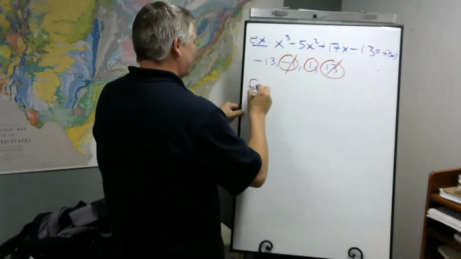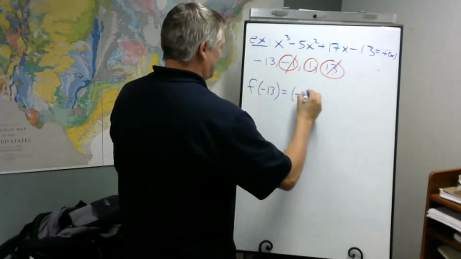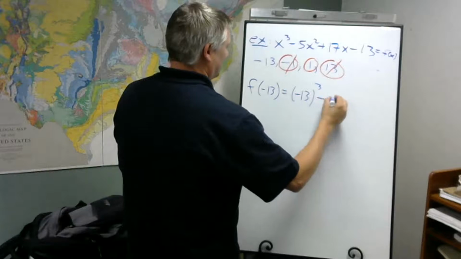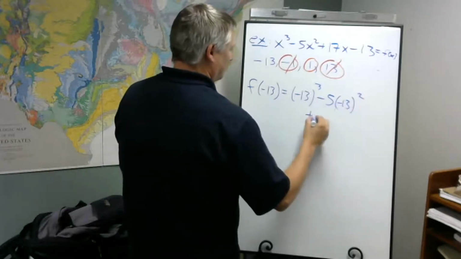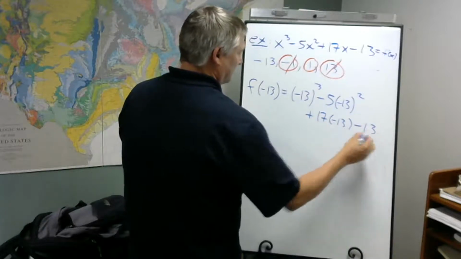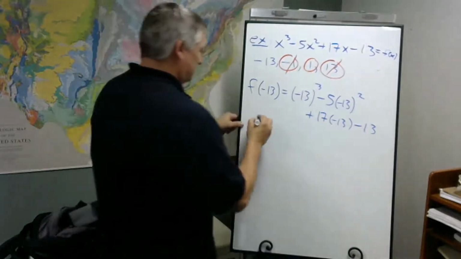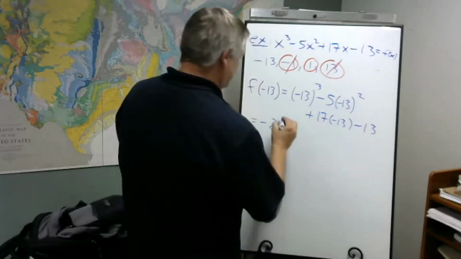So f of negative 13. This will be negative 2197.